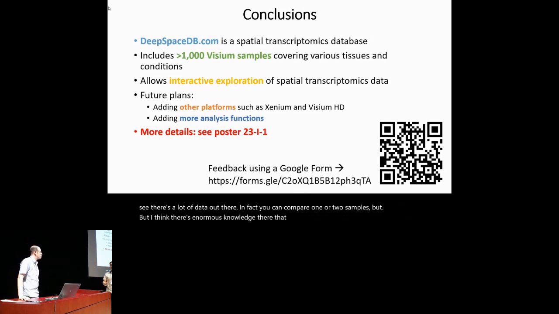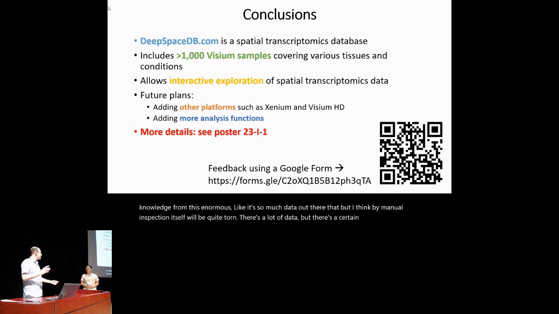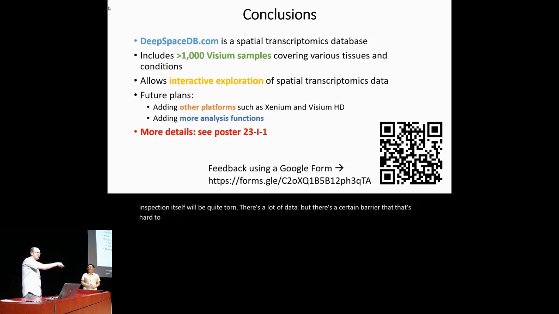Any thoughts of extracting some knowledge from this enormous amount of data? By manual inspection it will be quite hard. There's a lot of data, but there's a certain barrier to get to the data, right? So it's hard to explore it. So that's what we are hoping to solve or make easier.